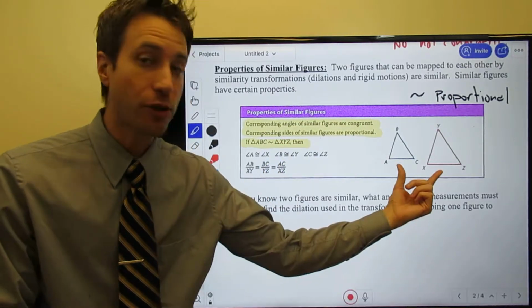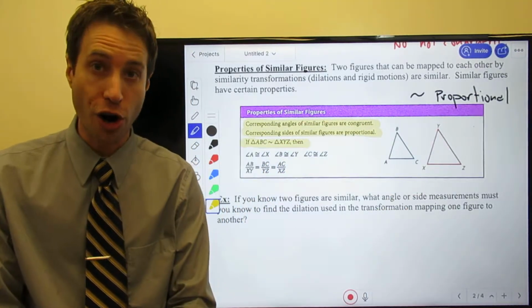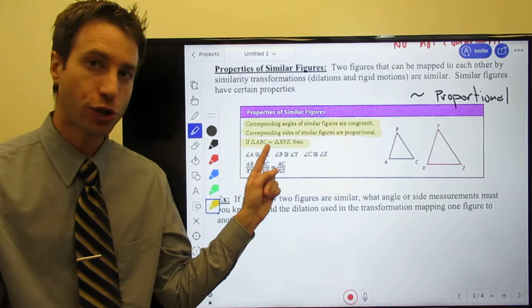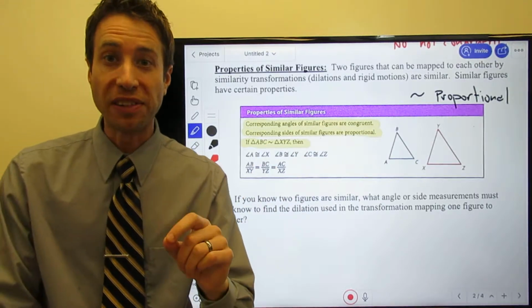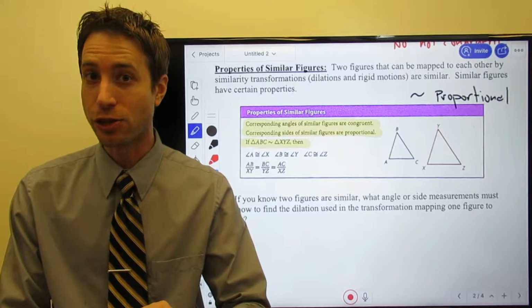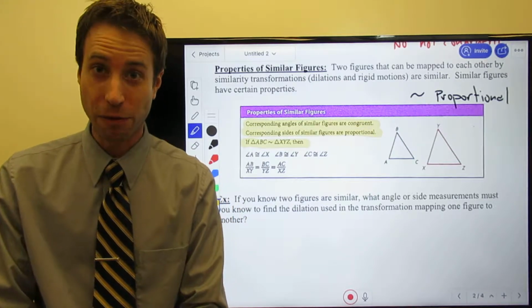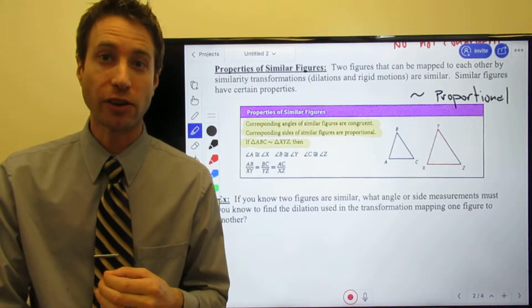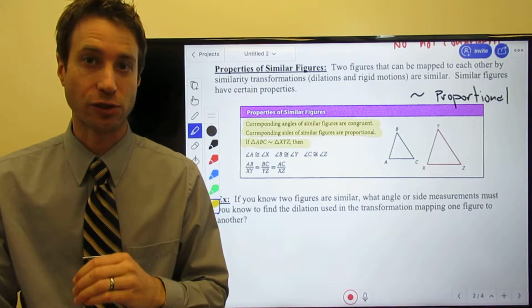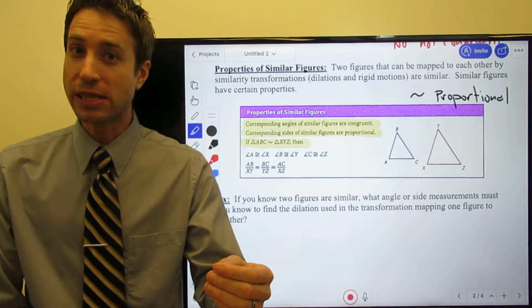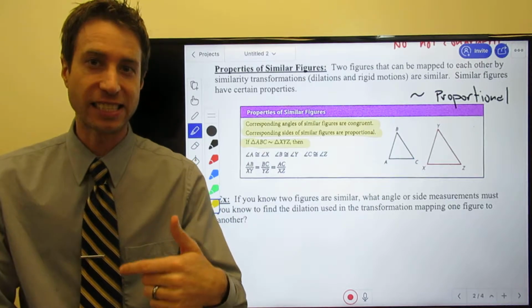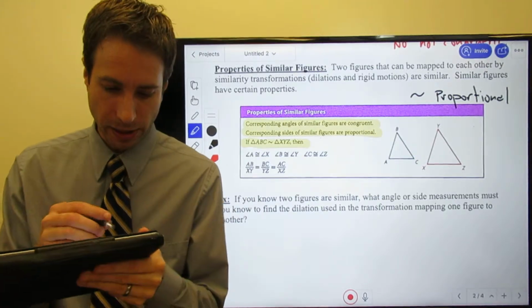That does not mean that they're the same size, because they clearly are not. What proportional means is that all of the lengths of the sides have been changed by the same scale factor. I just need to figure out what that scale factor is, or use that fact to my advantage. Let me show you how this is going to work.